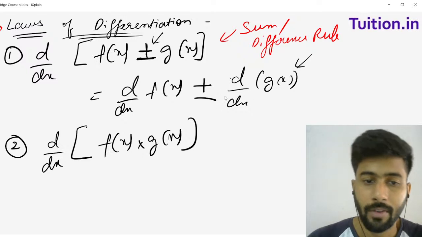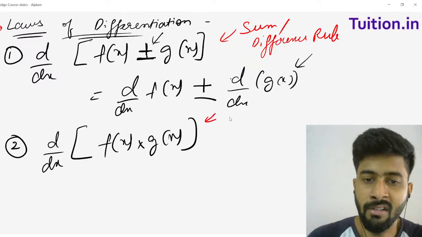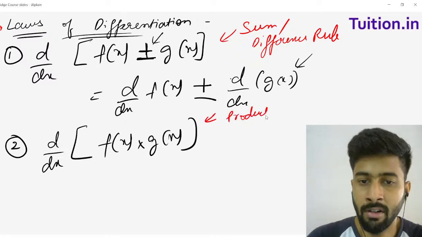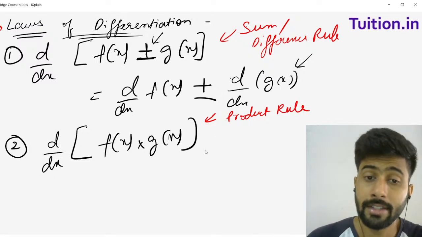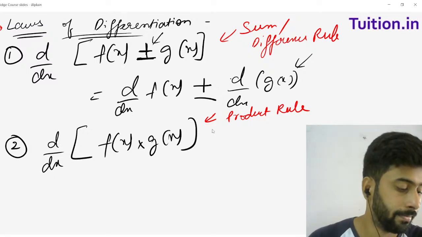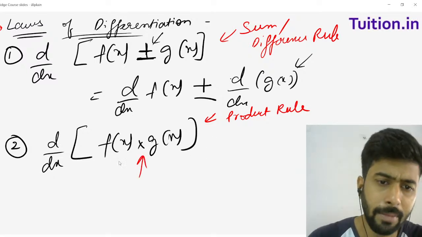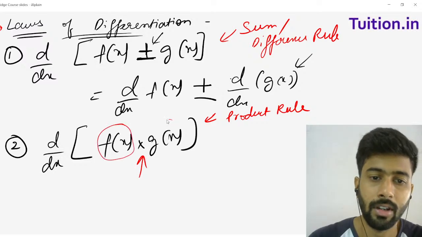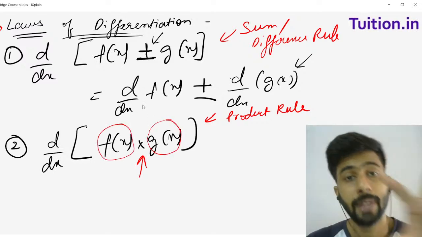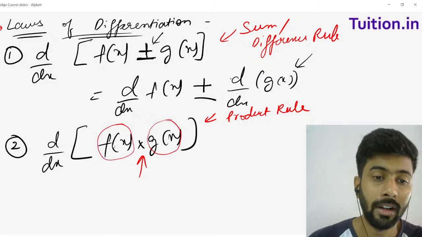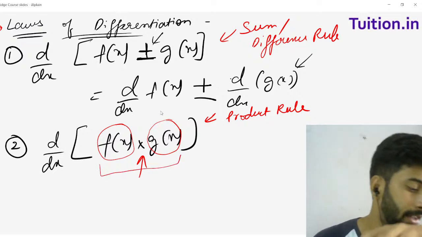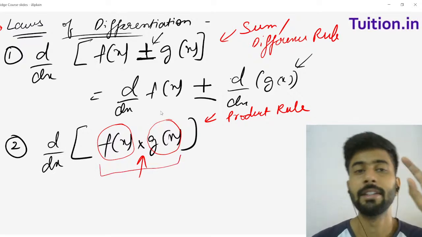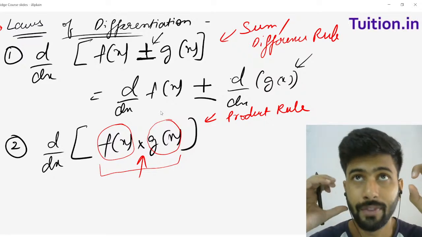d by dx of f of x into g of x. This is called the product rule because you have a multiplication of two functions. Two functions are being multiplied here, and after multiplying them you get a new function which is f of x into g of x. f of x is a function, g of x is a function.